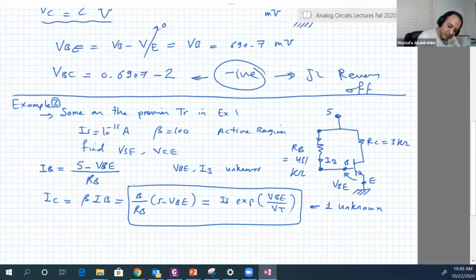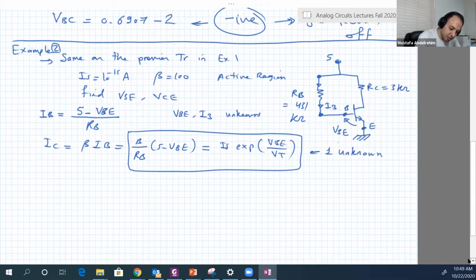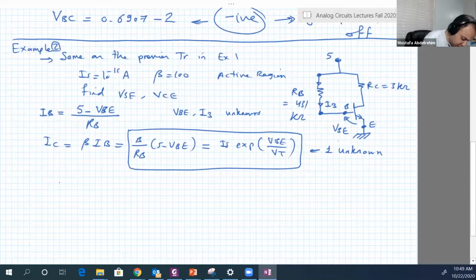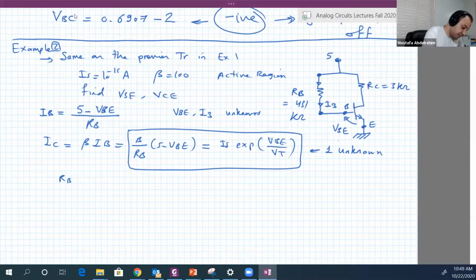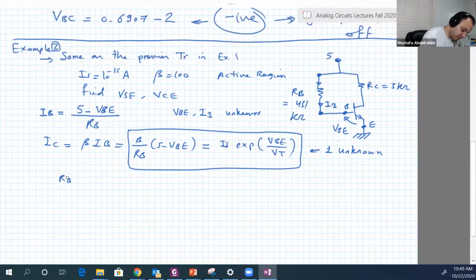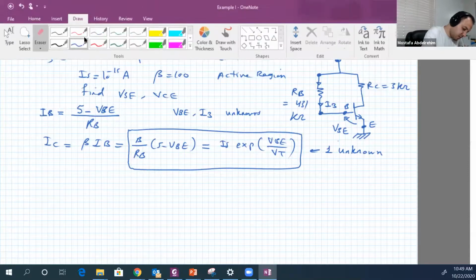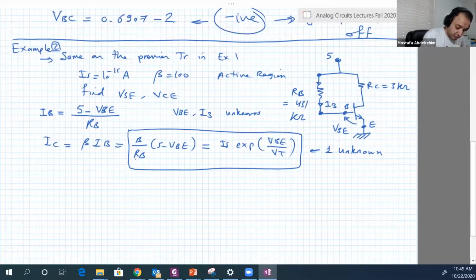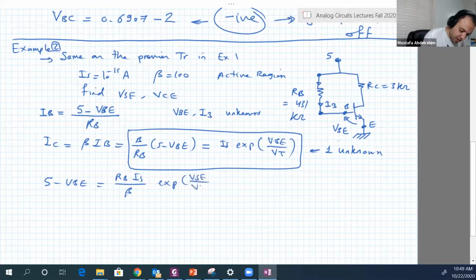Okay, good. So let's try to do that. If we multiply by RB divided by beta, this will be 5 minus VBE equal to RB IS over beta, exponential VBE over VT.